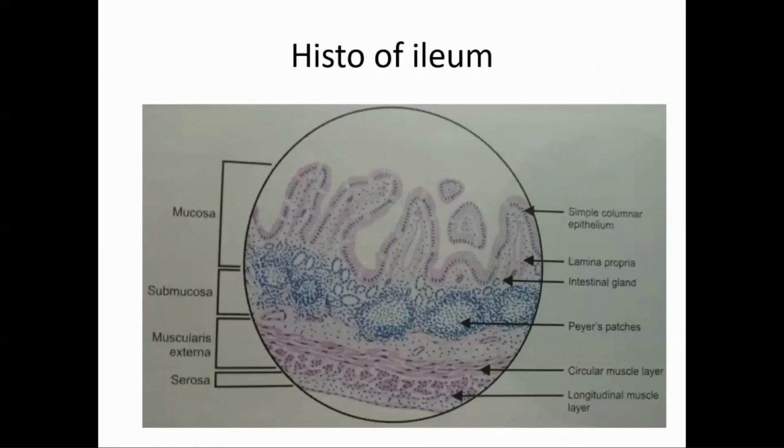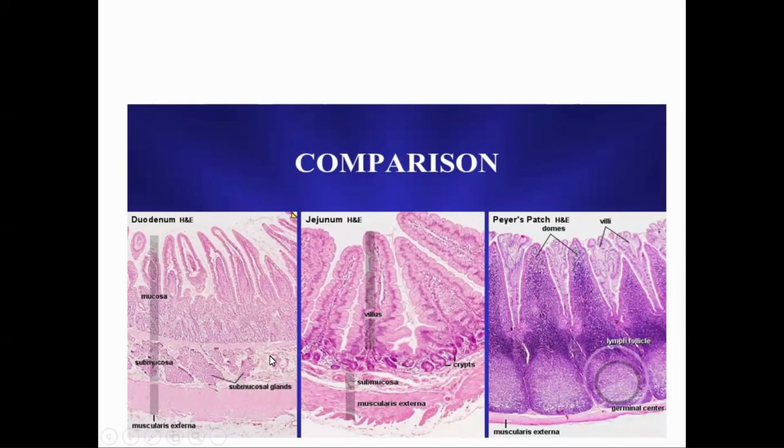If Brunner's gland is absent, Peyer's patches are absent, and the shape of the villi is tongue shape, then that is a jejunum. In the ileum, the villi are finger-like in shape. Now clear? So these are the differences between the duodenum, jejunum, and the ileum.